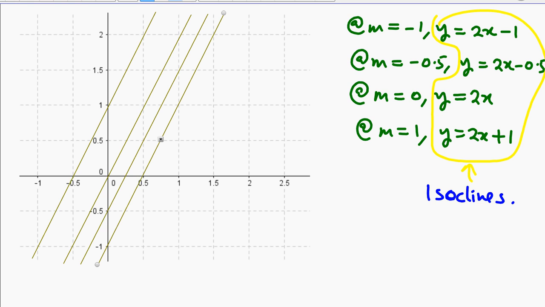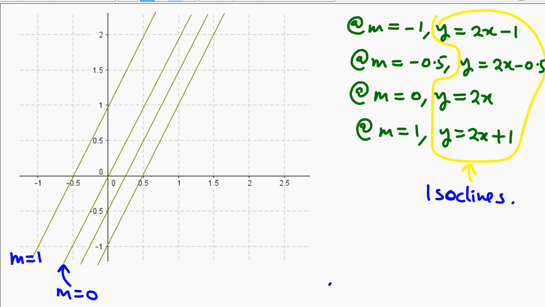Okay, so I'm going to just draw the corresponding gradients. For the first one, m is equal to 1. Next one, m is equal to 0.